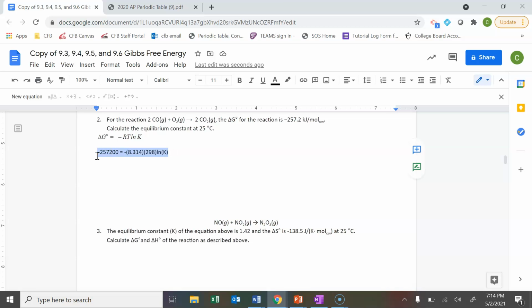So if I copy and paste this down on the next line, this negative 8.314 times 298 comes to negative 2,477.572. Don't worry, we are going to round to 3 sig figs at the end, since it's 25 degrees Celsius, which is 298 Kelvin. Next, I need to divide those numbers.